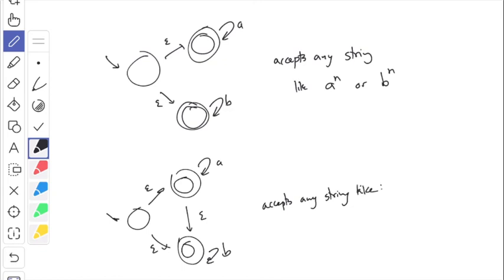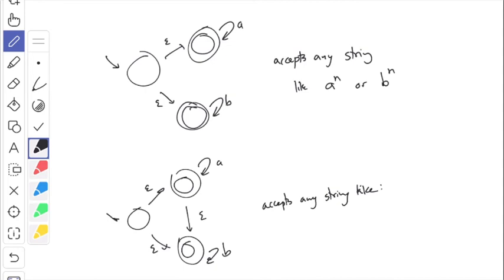Any mixture of A's and B's? I don't think it's quite anything. For instance, ABA I think is not accepted here. It has to end with a B. I think ABAB is also not accepted here.